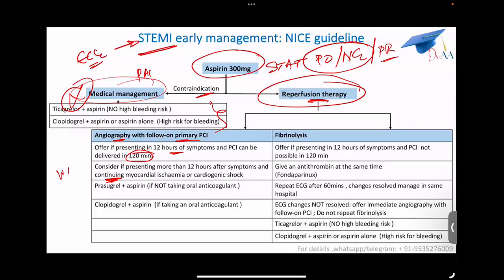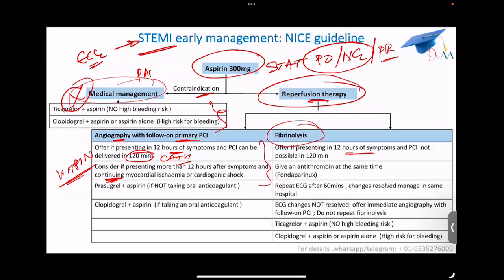You need to shift this patient to the cath lab within 120 minutes from the time he has entered the emergency department. If you are not able to do that, that's when you try to do fibrinolysis, thrombolysis.